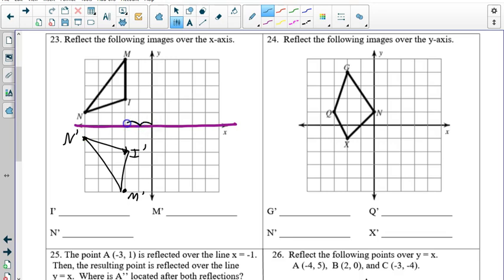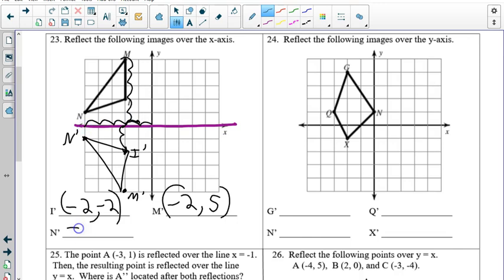It's negative 2. M prime is at negative 2, 1, 2, 3, 4, 5. And N prime is at negative 1, 2, 3, 4, 5. We always go left, right first, down 1, negative 1.